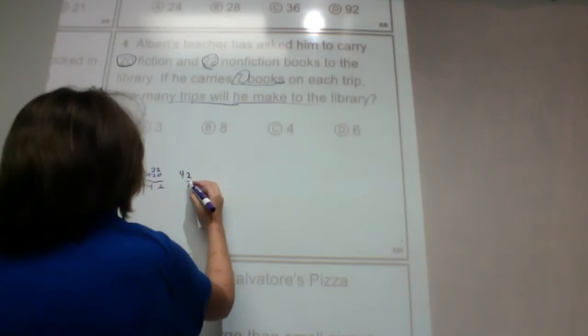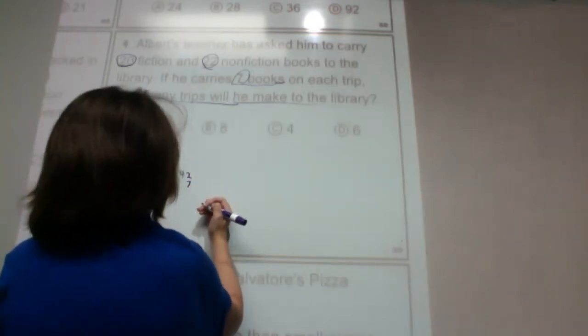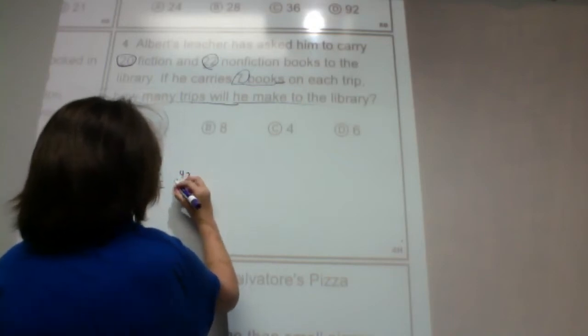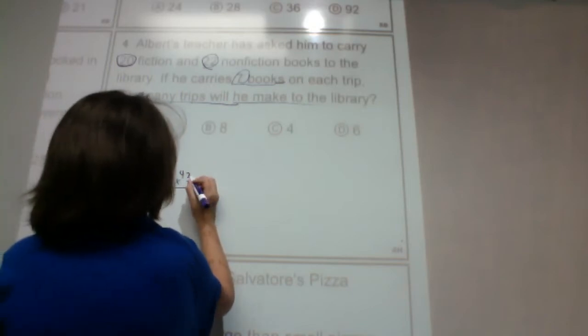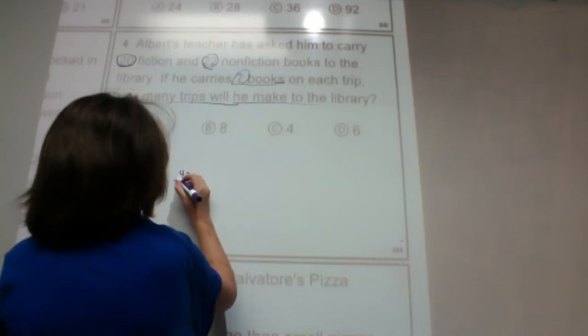Now how many is he going to carry on each trip? 7. So you guys don't know how to divide yet. So what else can you do? Multiply. Well, you should know your times tables. No, we're dividing. So 42 divided by 7 trips.